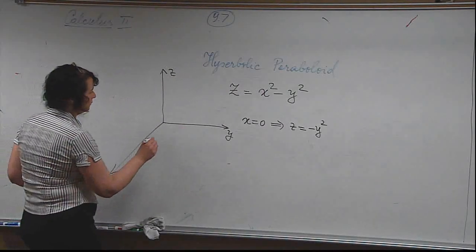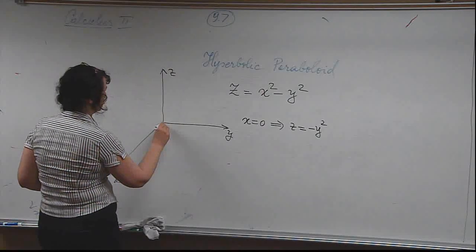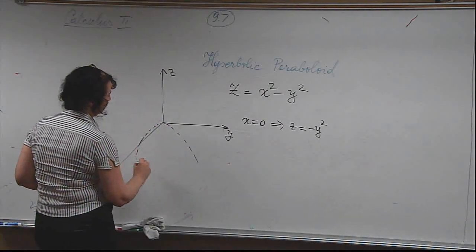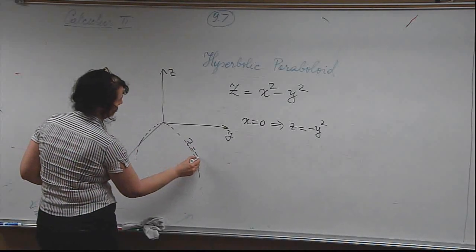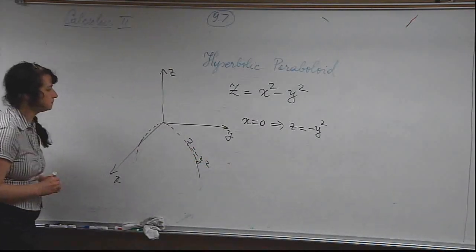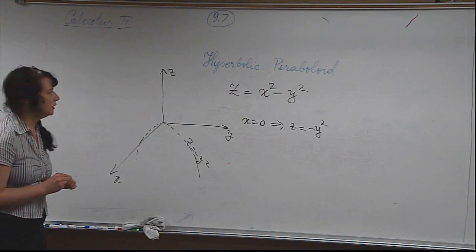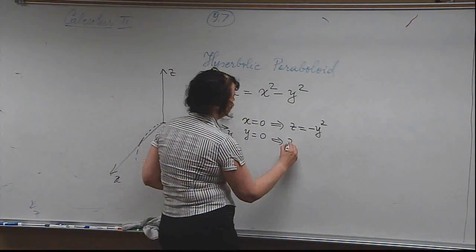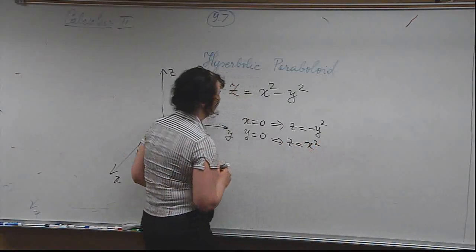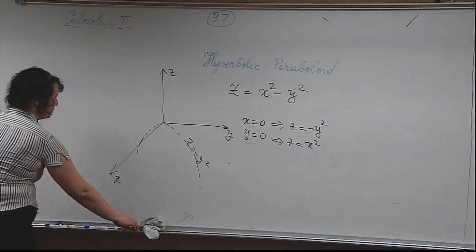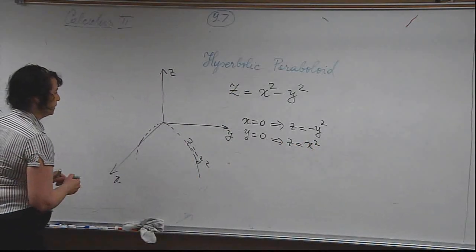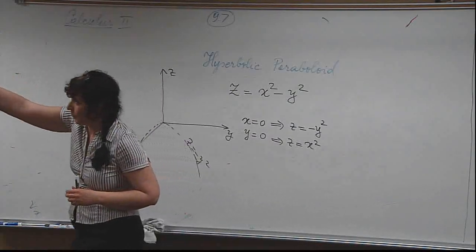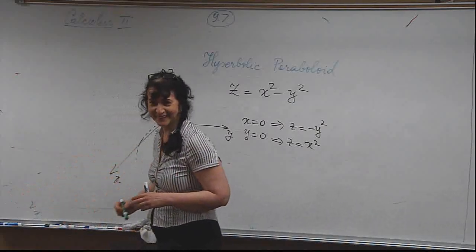Okay, so you have something like this that you're drawing, right? And then what if y would be 0? Then you get z equals x squared. So it's going to be a parabola that opens up. And I have to rotate myself and draw it on that wall.